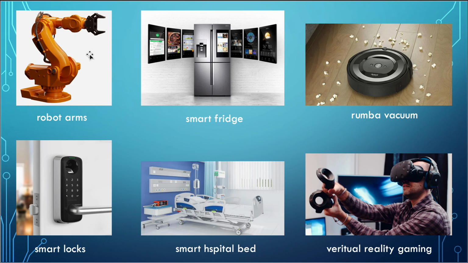So the IoT device is made. So in a factory there will be 1,000 robotic arms working together. That makes an IoT system.